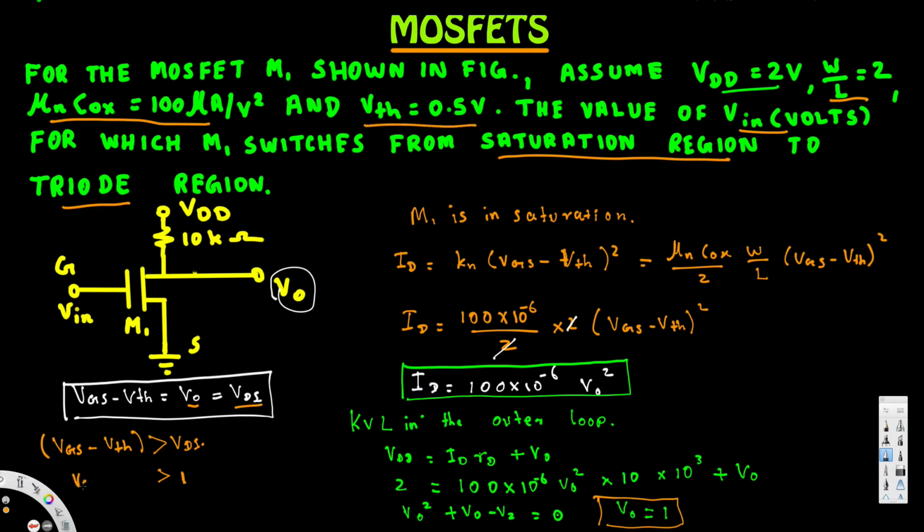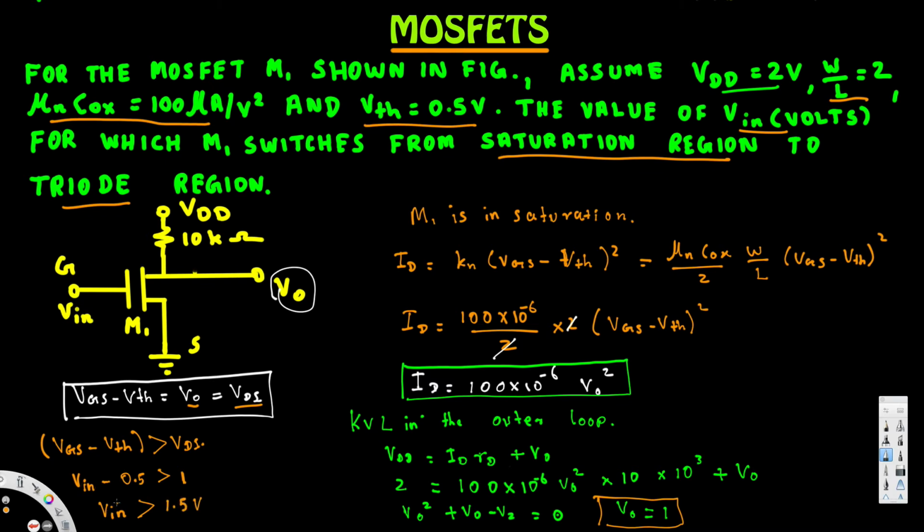So VGS minus V threshold, where VGS is nothing but V input. Instead of VGS we can write V input, and then V threshold is 0.5, given in the question. If you rearrange this, V input should be greater than, if you bring this 0.5 to the other side, plus 0.5, so 1 plus 0.5, 1.5 volts.